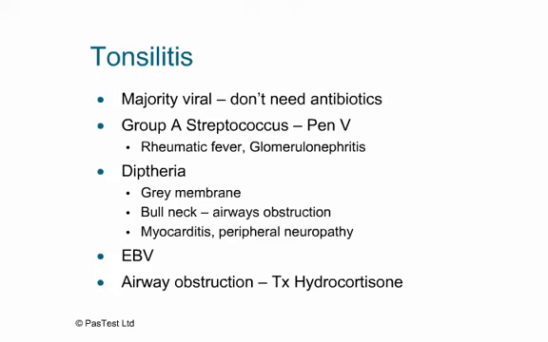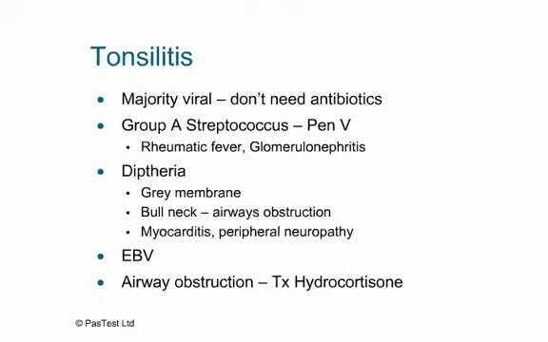Epstein-Barr virus is a common cause of tonsillitis and also classically causes a membrane over the tonsils. Epstein-Barr virus can result in developing a more severe rash upon starting amoxicillin, and that's why the advice for primary treatment of tonsillitis, which is felt to be bacterial, is penicillin V and not ampicillin or amoxicillin.